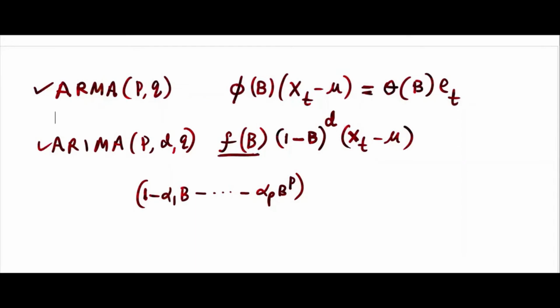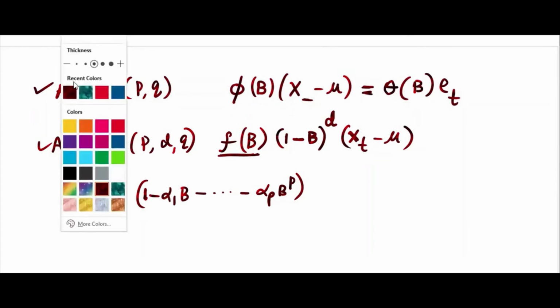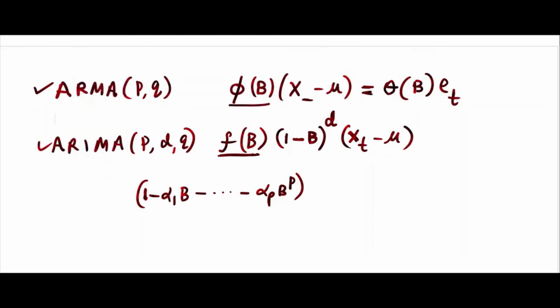This function of b is equal to this. That means you have to drag out the factor 1 minus b power d where you have the add-on effect, that you have to separate. This side will not change, but sometimes it will also play a crucial factor in ARIMA classification.